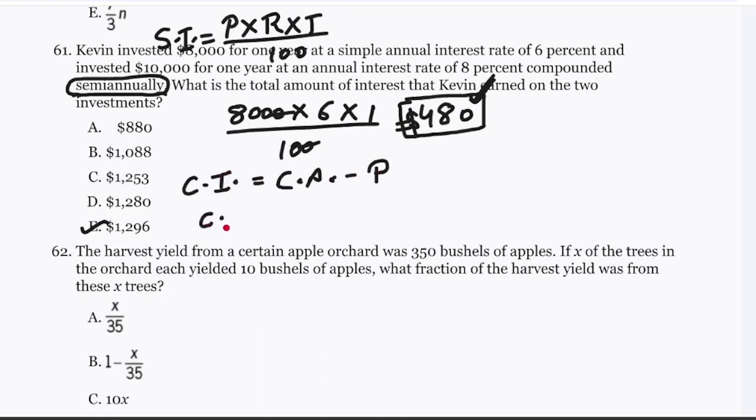So first of all, we find the compound amount. The formula for that is principal into 1 plus r by 100 raised to power t. Now r is the rate of interest, t is the number of years.